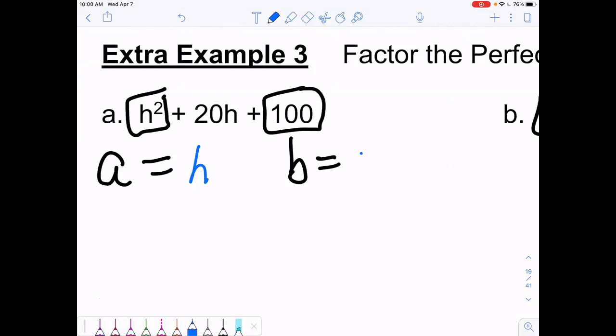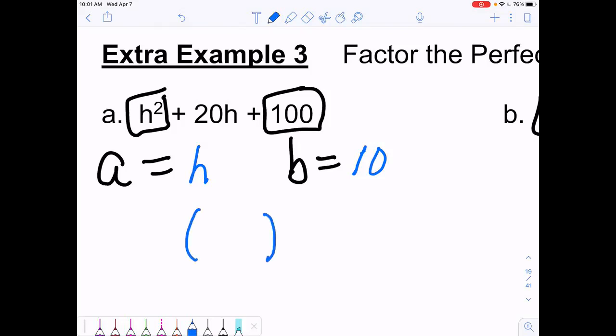So what times what makes 100? 50 plus 50 makes 100, but what times what makes 100? 50 times 2, or 10 times 10. So we want it to be the same number, 10 times 10. So we have H and we have 10.